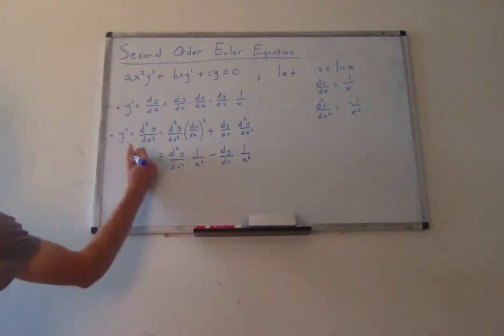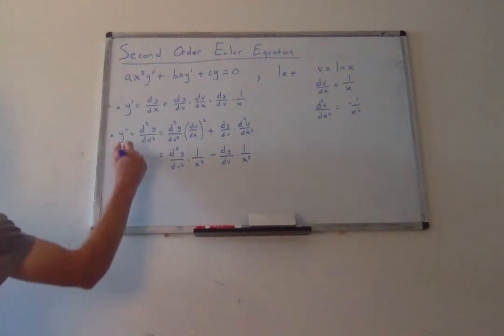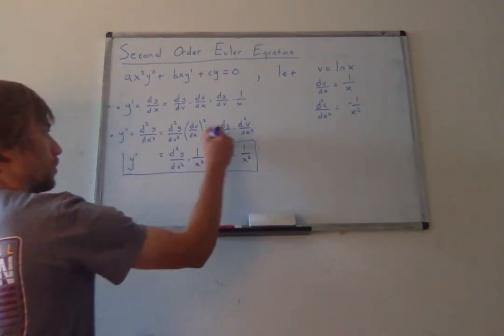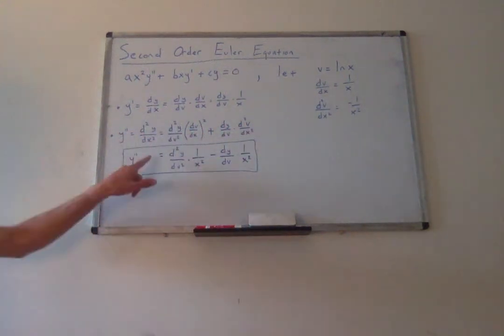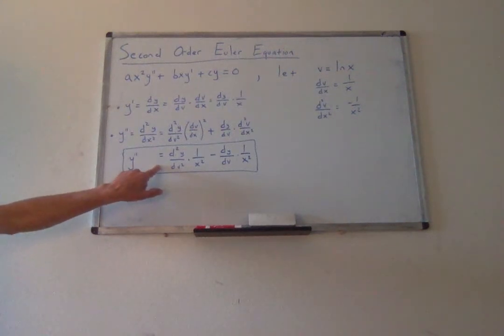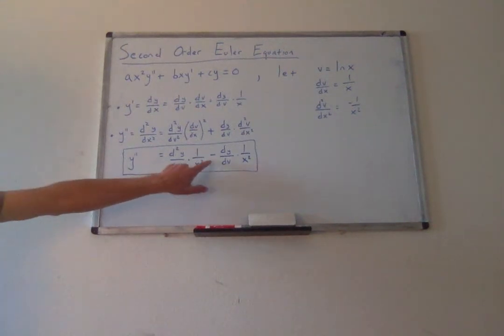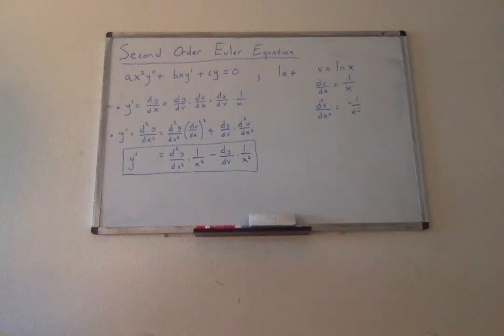And so I know that y double prime is equal to the second derivative of y with respect to v times 1 over x squared minus the first derivative of y with respect to v times 1 over x squared.